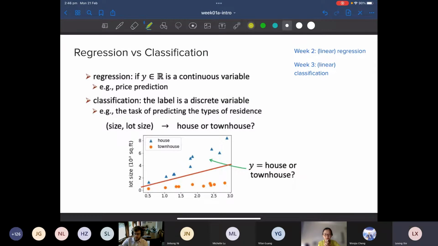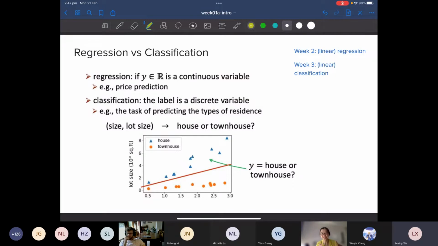Okay. So we talked about regression as a supervised task. Let's talk a little bit about classification. Basically, in here, suppose we don't know if something is a house or townhouse, right? So for people who don't know, right, the townhouse are basically houses connected to each other, but houses are mostly detached from each other with land surrounding it, right?